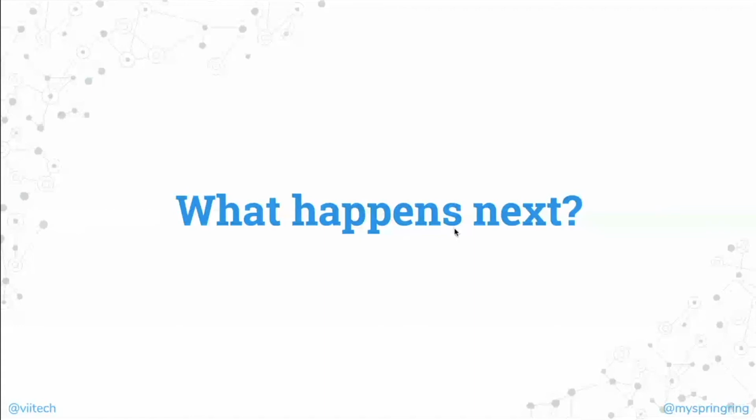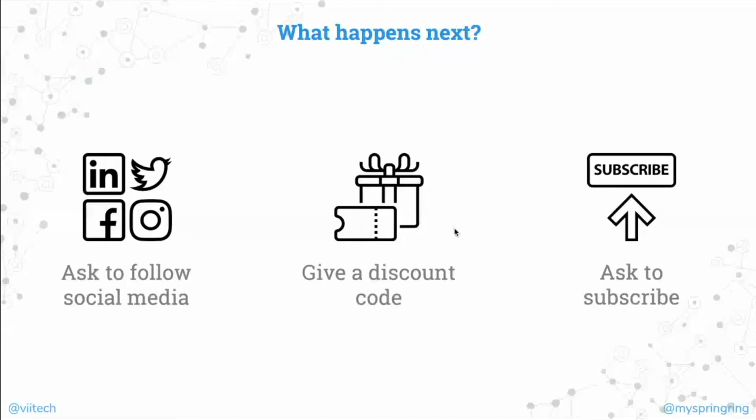So what happens next? Now you've got a customer, they've entered all of their information, and you've captured this new lead. After that, and do take this lightly and in a very nice and respectable manner, it is all about harassment.